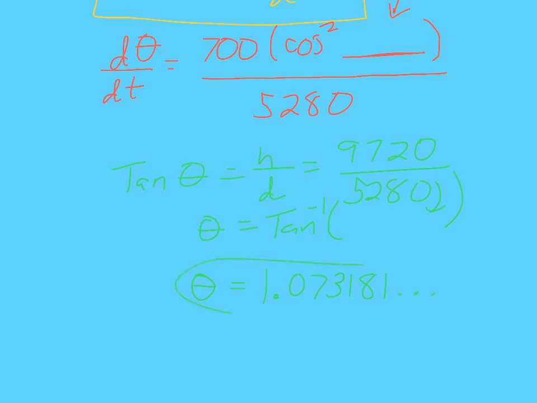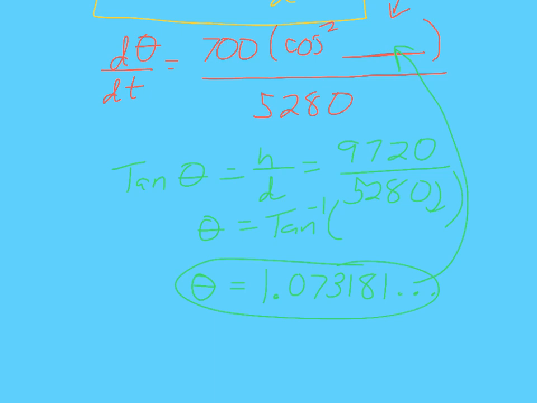So I'm going to take all of this, and we're going to put it in there. So let's go ahead and solve my equation for d theta dt. 700 times cosine 1.07. Now, a lot of times we just want to go second function answer. It'll put that answer in our question, so we keep as many decimal places as we can here. And remember that cosine is squared.